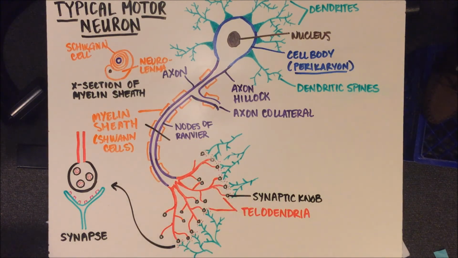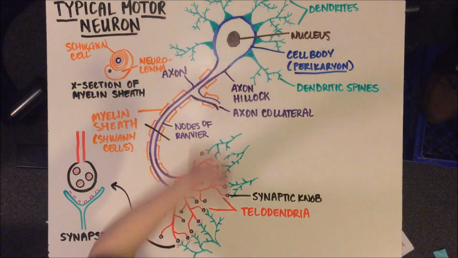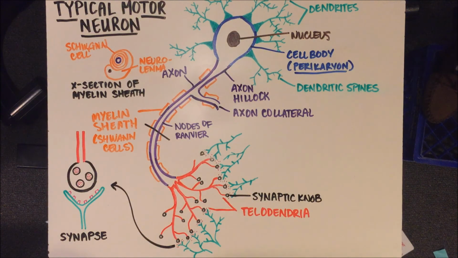So let's talk about how the structure of the neuron relates to how a signal is transmitted down. As we talked about before, the dendritic spines give the top part of the neuron right here, where the dendrites are, a lot of surface area.